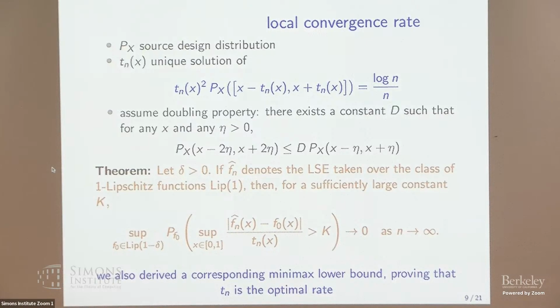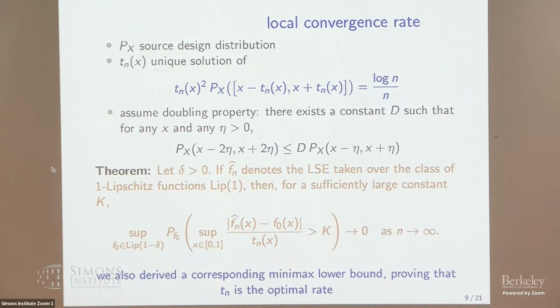And under this condition, what we can show now is that the least squares estimator achieves the rate tn uniformly over, right? Everything here is always on [0, 1], so uniformly over [0, 1].